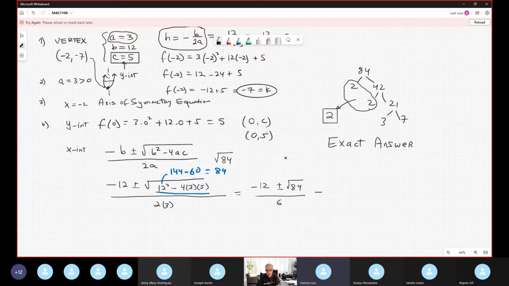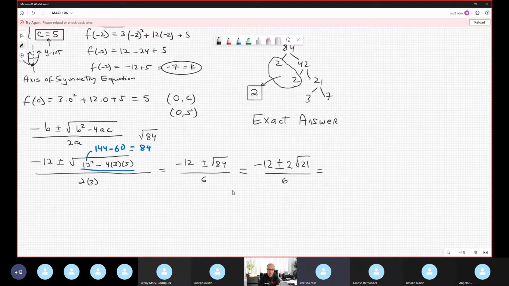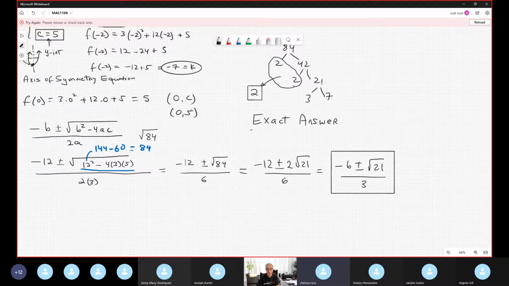So this is equivalent to minus 12 plus or minus 2 radical 21 divided by 6. And of course, we can reduce to lowest terms by dividing by 2. So it's minus 6 plus or minus 1 radical 21 over 3. Nice, elegant. This is the exact answer.